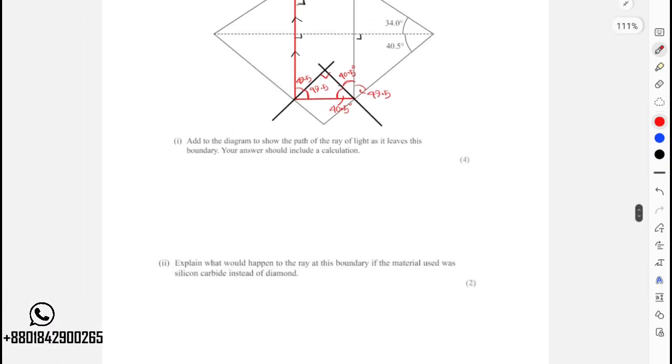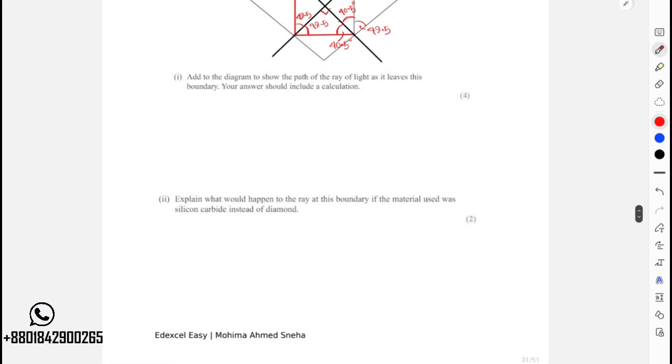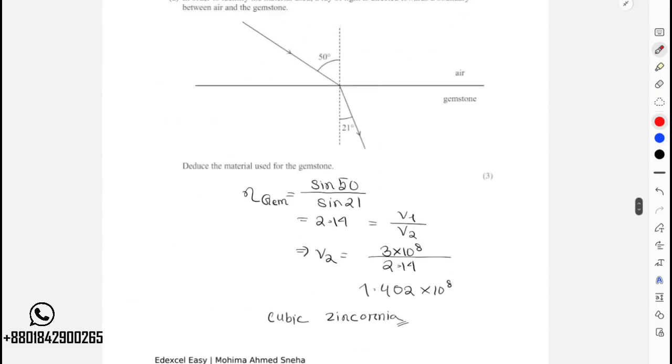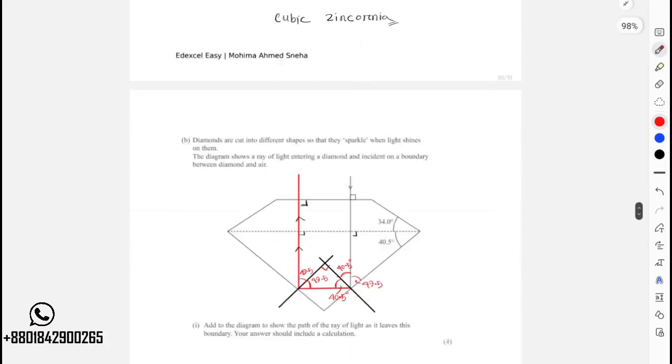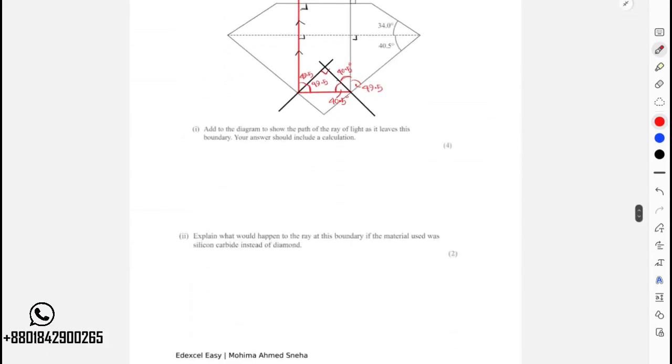And then again, explain what would happen to the ray at this boundary if the material used was silicon carbide instead of diamond. If you go back to these places, as you can understand, the speed of light is greater in diamond than in silicon carbide. That means obviously silicon carbide must be more dense, right? That's why the speed of light is less in silicon carbide. So if it has more density, that means the light was moving with smaller speed, right? Higher density means the light will be deviated at a smaller angle, so they will be creating smaller angles inside the structure.